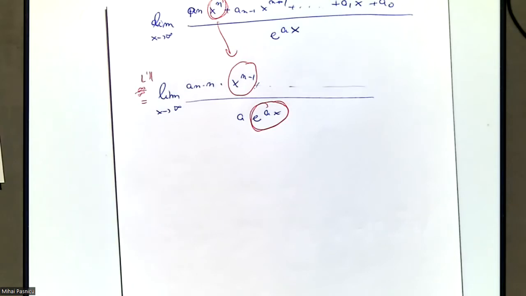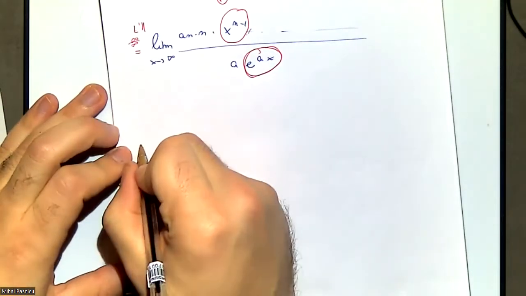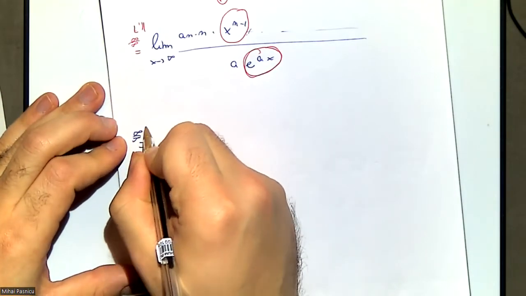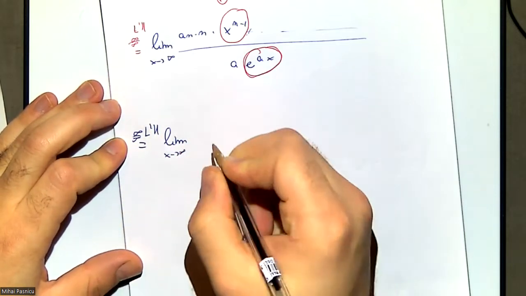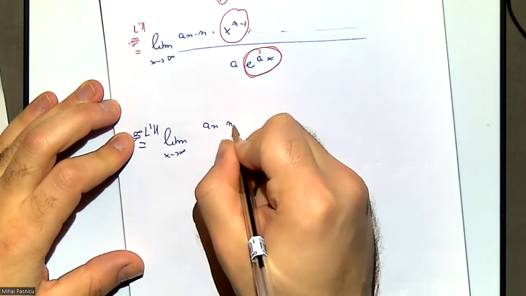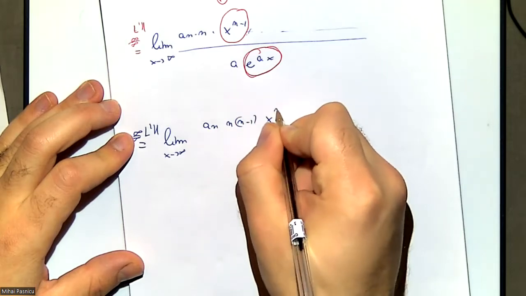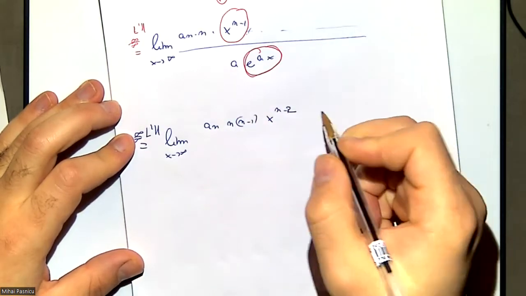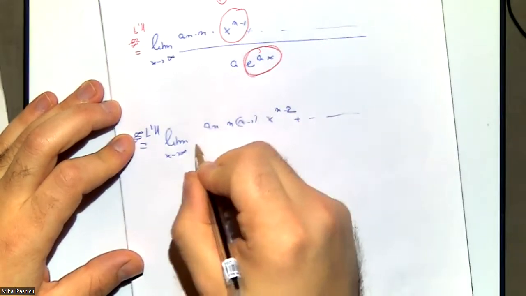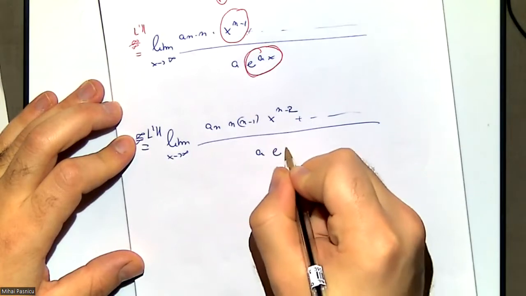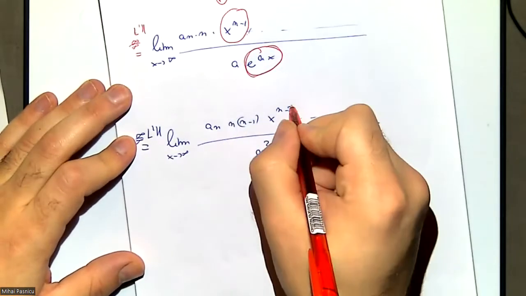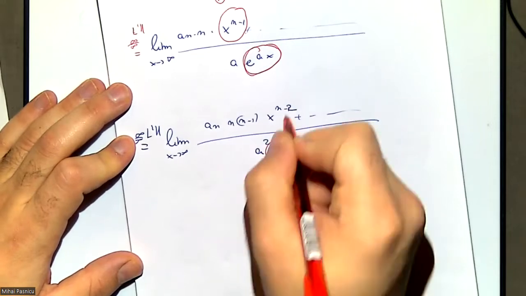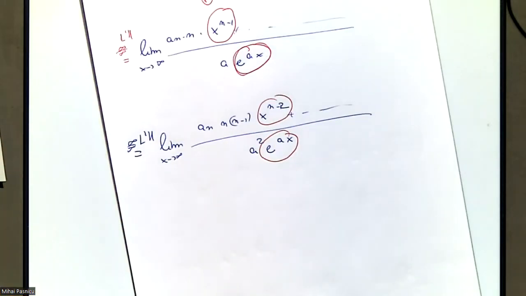Okay? If I apply it again, I hope everyone got the trick by now. If I apply L'Hopital again, I'm going to get limit of n(n-1) x^(n-2) plus something, I don't know. Okay, and again, the logic is e^(ax) untouched. This x^(n-2) keeps on dropping.